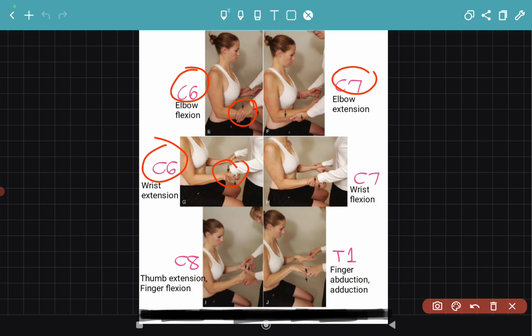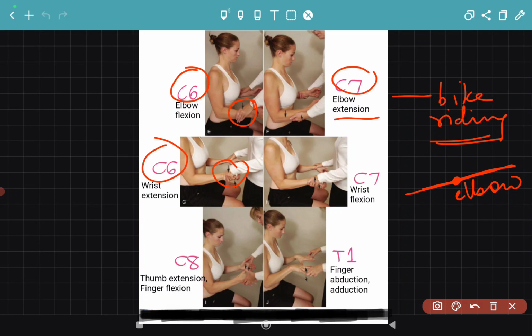In the same way C7, which is opposite of C6, is the upper limb position in bike riding, which can be remembered, where the elbow is extended and the wrist is flexed. So that will be C7.